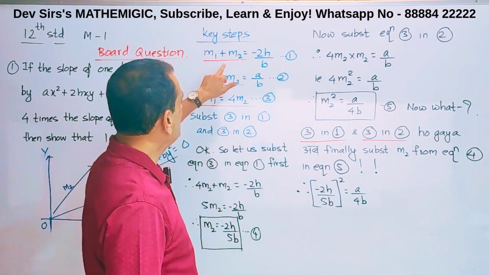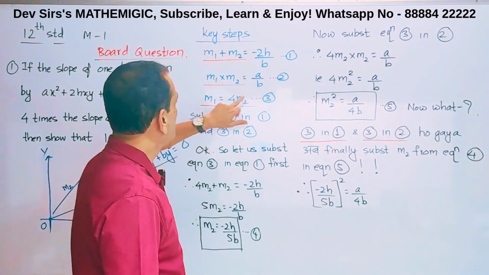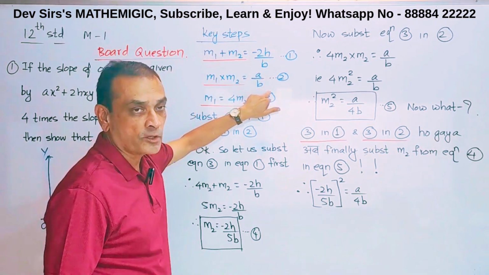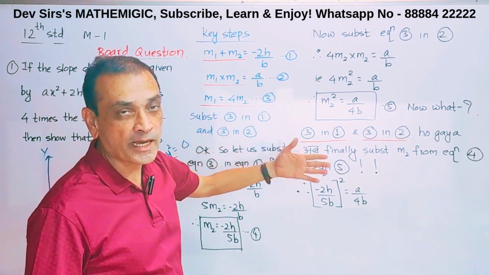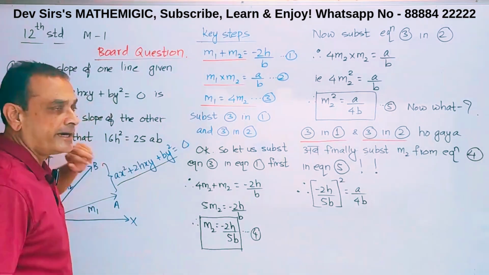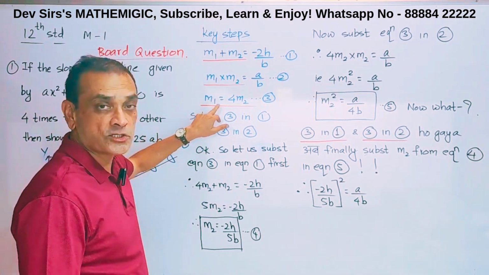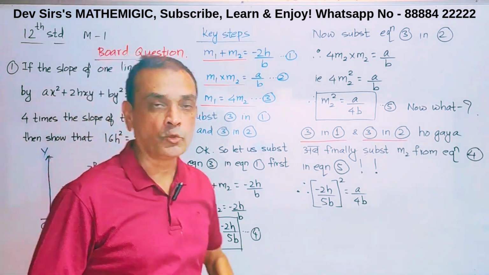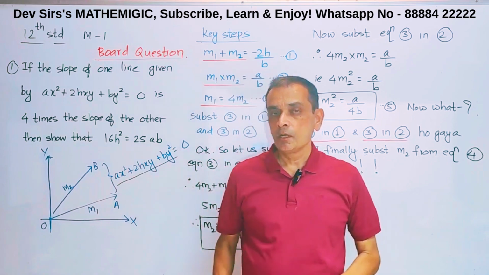Product of slopes is a upon b. The third condition is M1 equal to 4M2. That is the third condition.